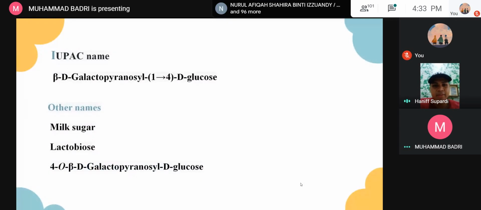So for the naming, the IUPAC name is beta-D-galactopyranosyl-1,4-D-glucose. Other names are milk sugar, lactobiose, or 4-O-beta-D-galactopyranosyl-D-glucose.